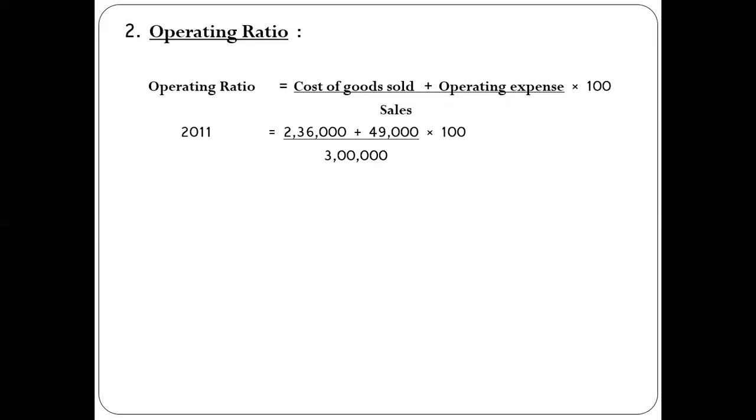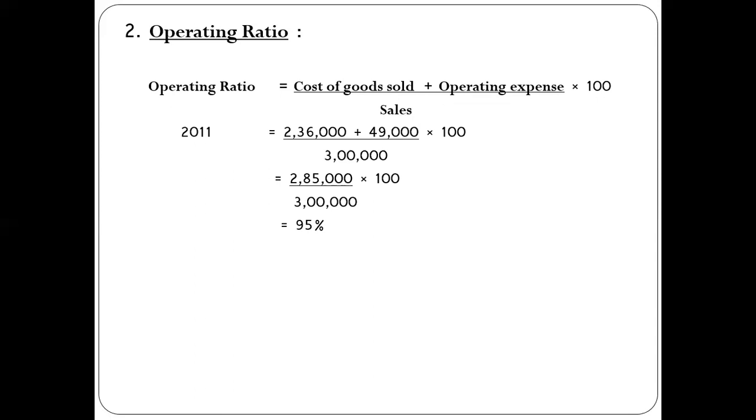Cost of goods sold is 2,36,000 in 2011, and operating expense is 49,000 in 2011. Sales we have already discussed in the last ratio, that is 3 lakh. So we divide 2,85,000 by 3 lakh into 100, and we get 95%.